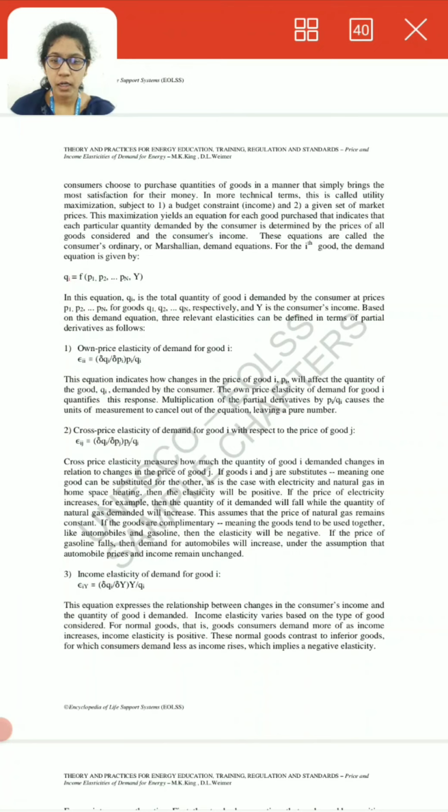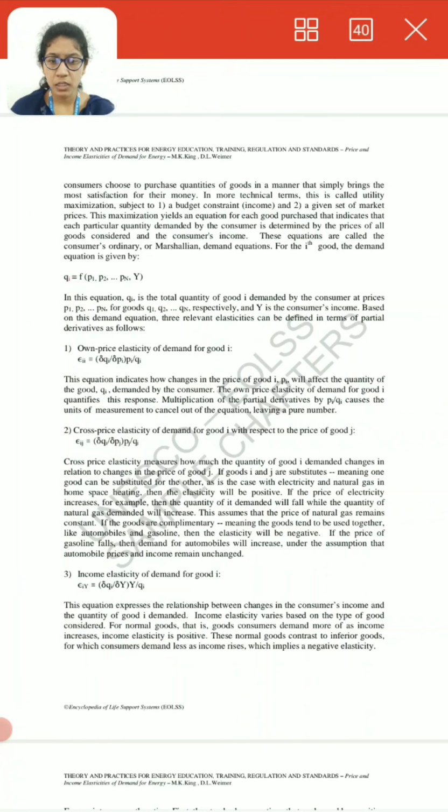If goods are complementary, meaning the goods tend to be used together, like automobiles and gas oil, then the elasticity will be negative. If the price of gas oil falls, then demand for automobiles will increase, assuming that automobile prices and incomes remain unchanged.